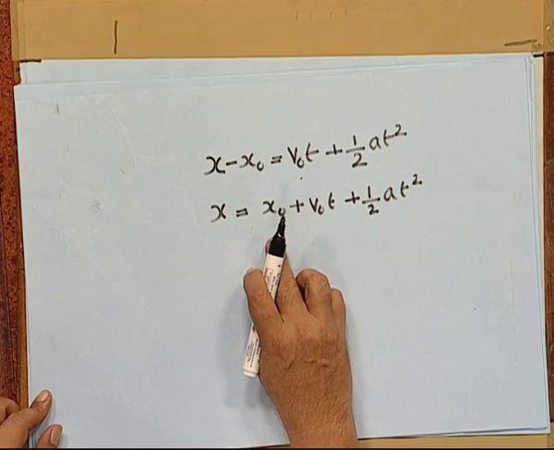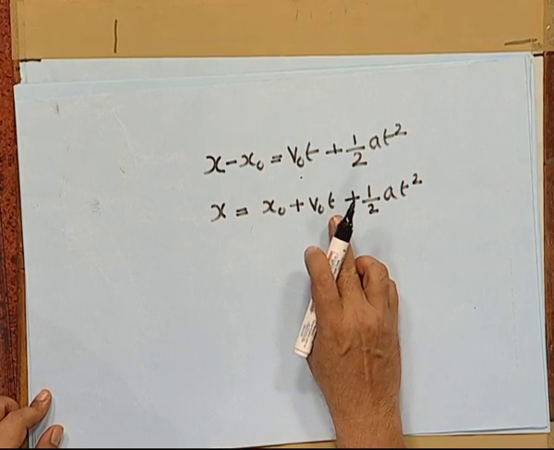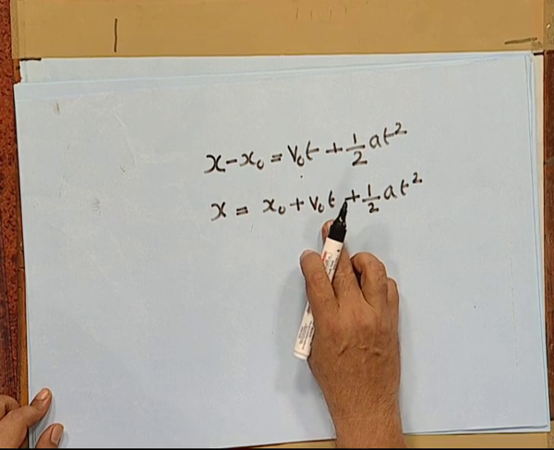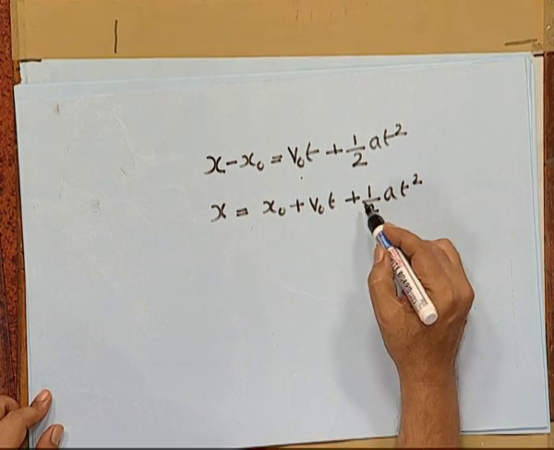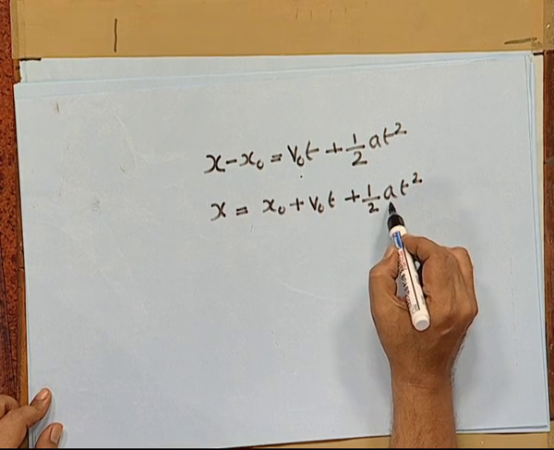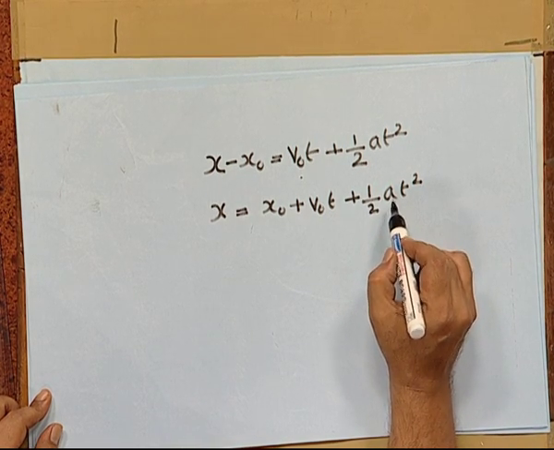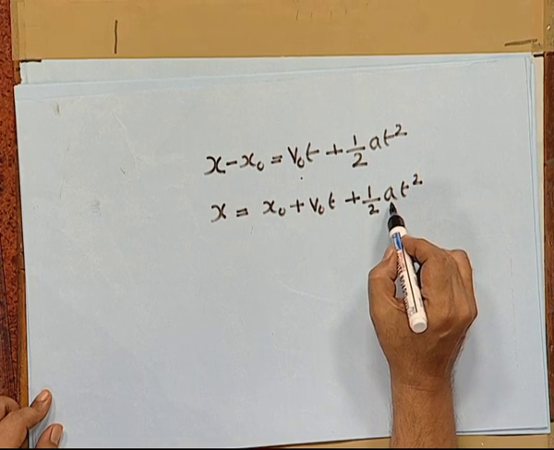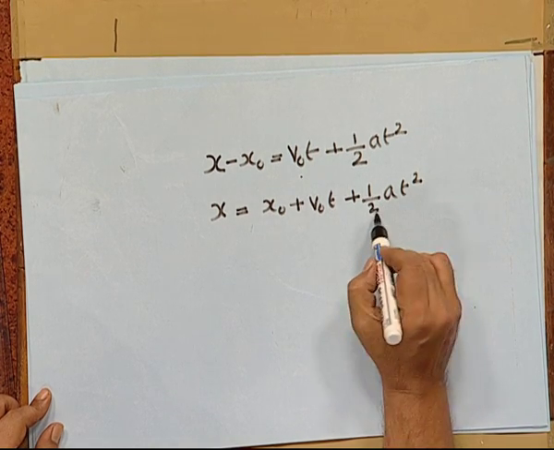So, the position coordinate x is the initial position plus the change in position because of the velocity being considered constant, and the additional factor is because of the change in velocity, if the velocity change is constant, and we write it as half a t squared.